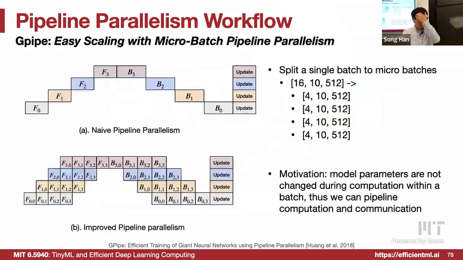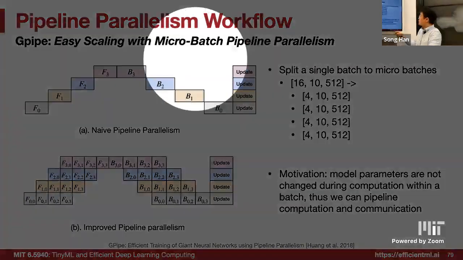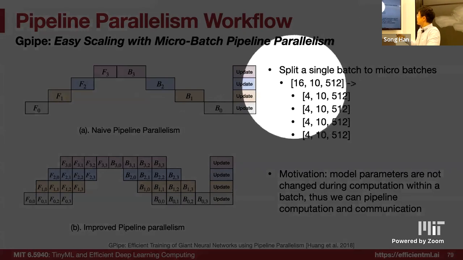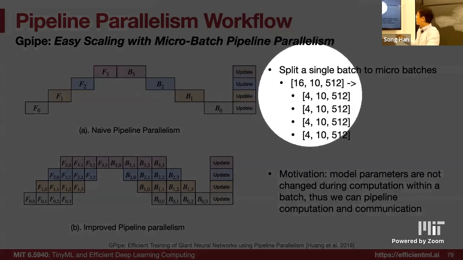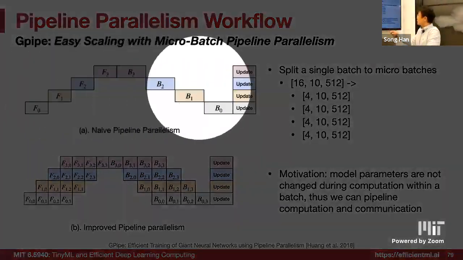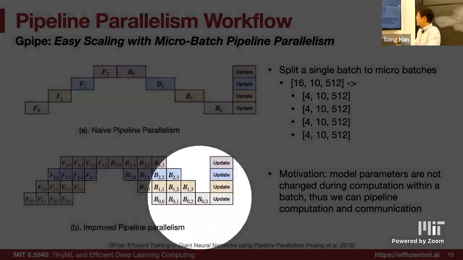So what is the best way to do that? Previously we have a big batch, now we want to scale it with micro batch pipeline parallelism. What it's saying is that previously we have like 16 batches, now we want to split it into 4 batches. So rather than naive parallelization, now we can make it look like this.